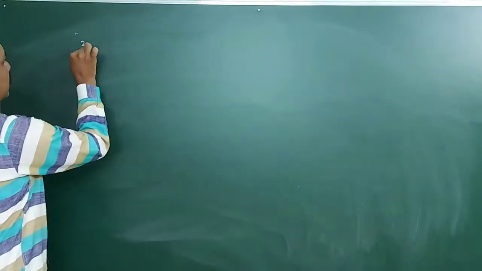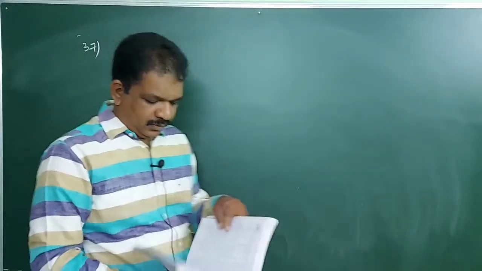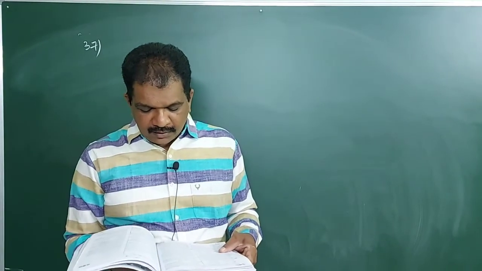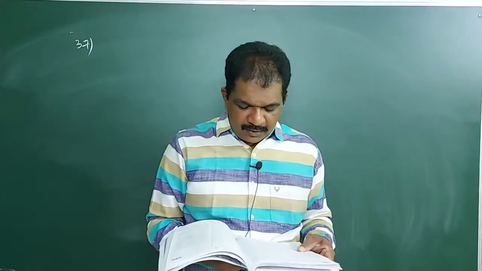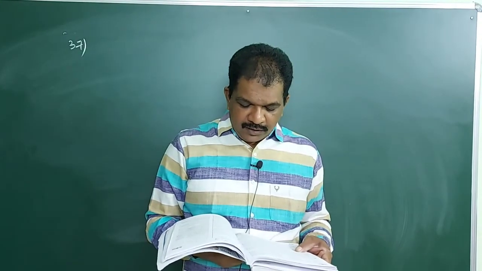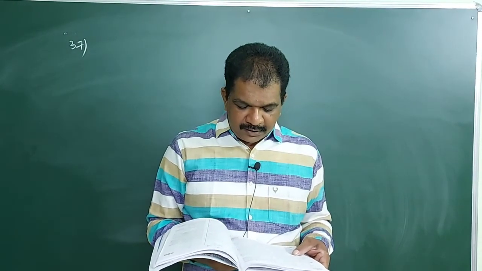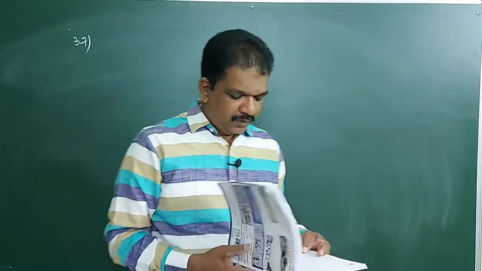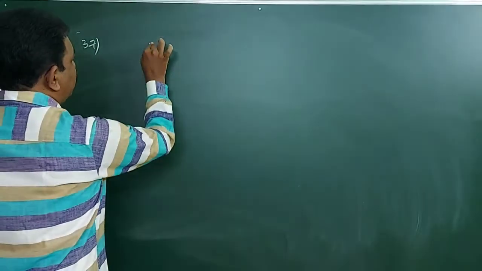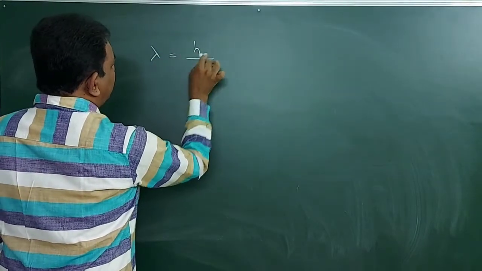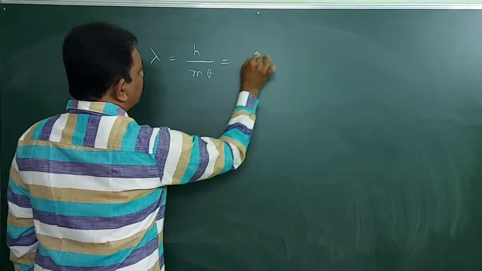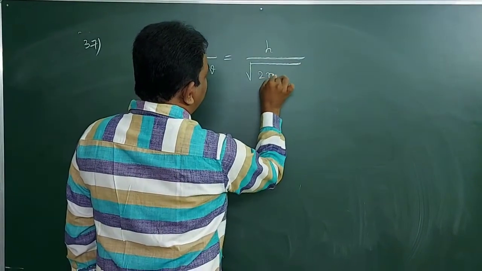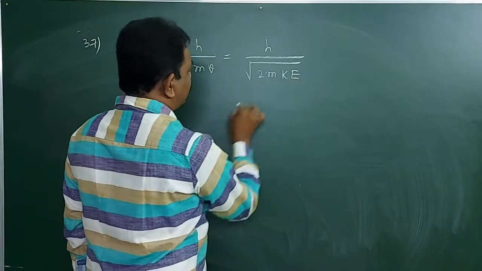What they are asking: the de Broglie wavelength of a neutron in thermal equilibrium with heavy water at a temperature capital T, of mass m, is? Lambda value will be h by mv, which is h by root of 2m KE.